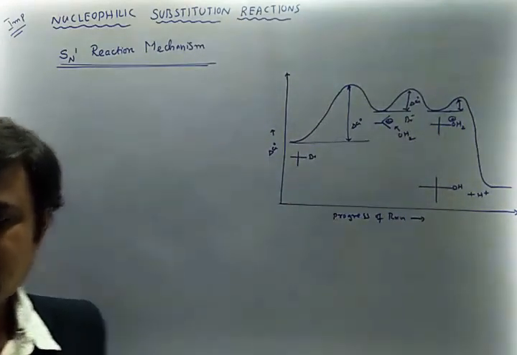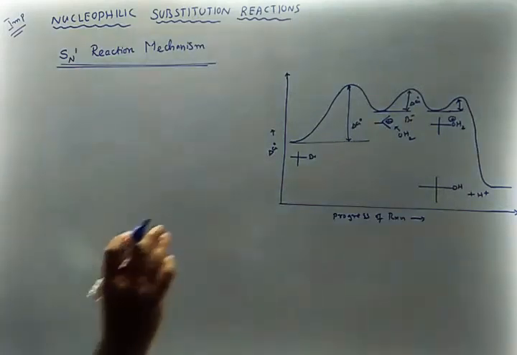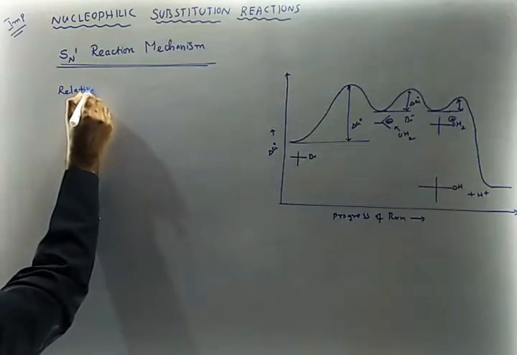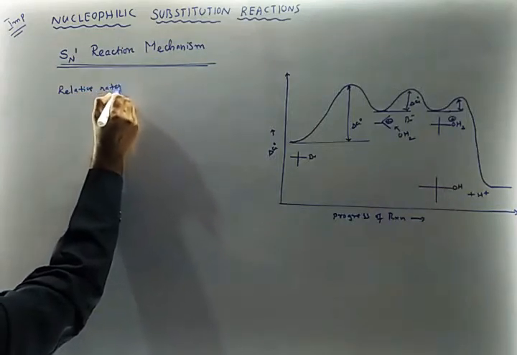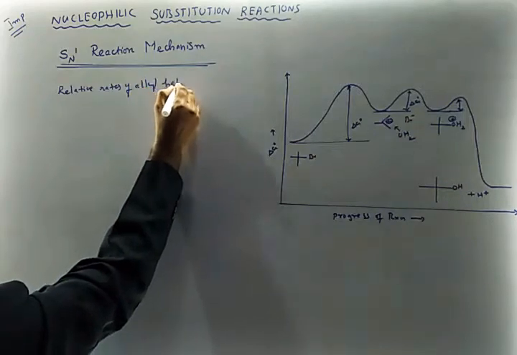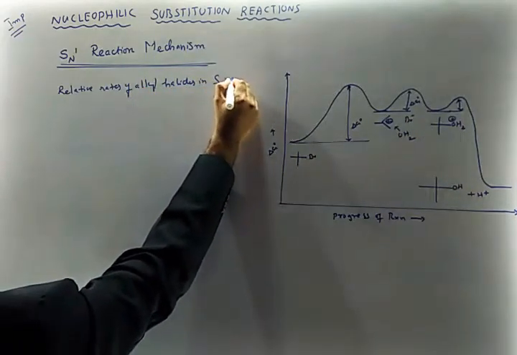Okay. Now we understand the relative rates of alkyl halides in Sn1 reaction.